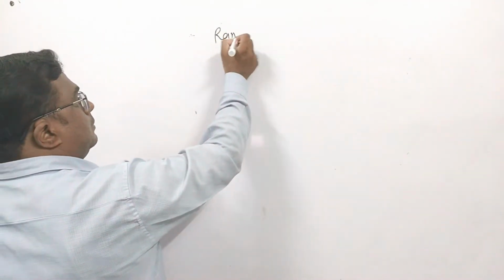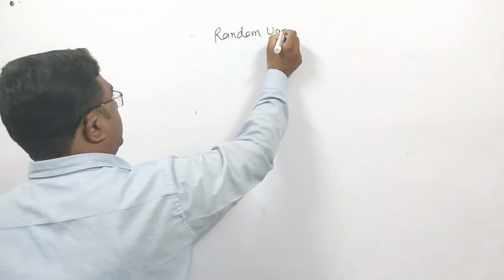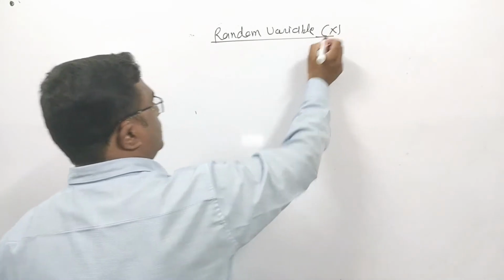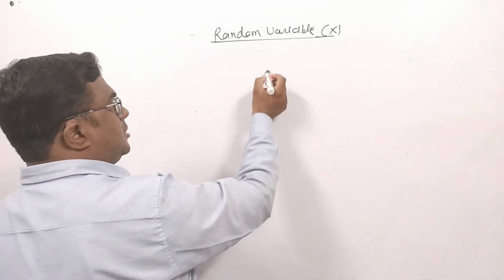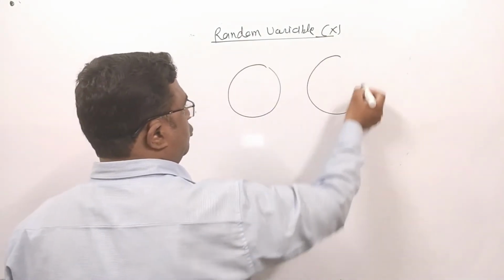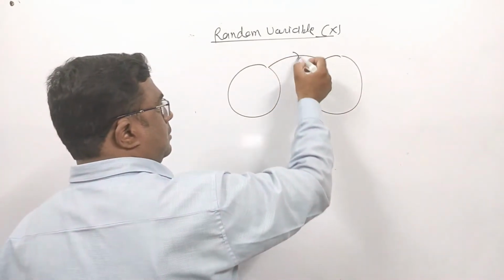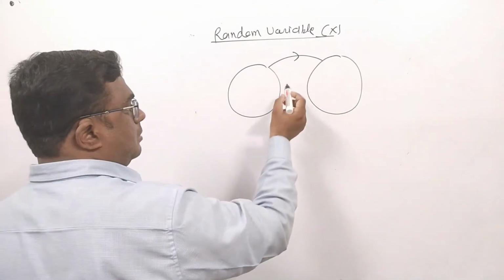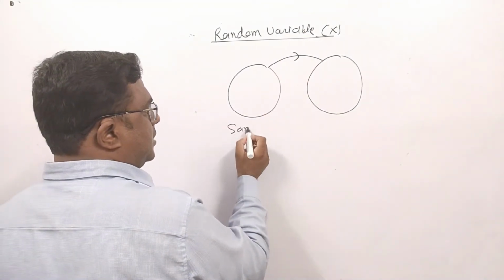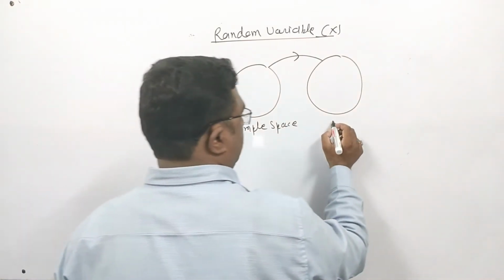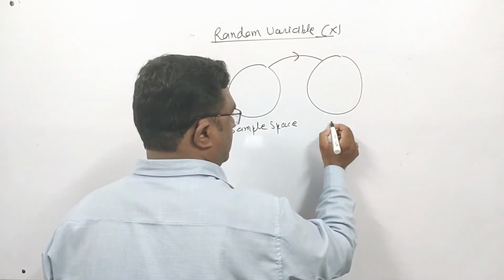Now student, next topic is random variable. Random variable is normally denoted by the letter capital X. And what is it? It is just a function. You have studied the topic of function in previous classes. And this function works from the sample space to some real numbers.